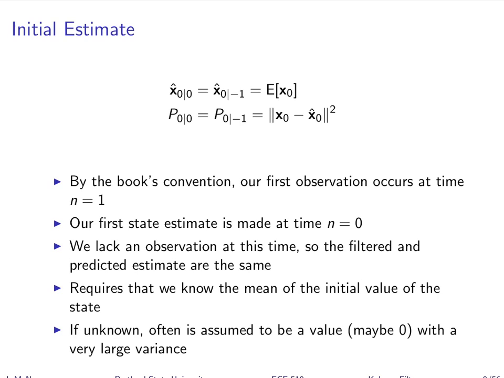So you might have an initial idea of what that heart rate is, but there's a lot of variation from people depending on what kind of shape they're in, how old they are, a variety of things. So you might say, my initial estimate is going to be 70 beats per minute, but with covariance that is based on a standard deviation of maybe 20 beats per minute, for example. That might be reasonable for that part of the state vector.